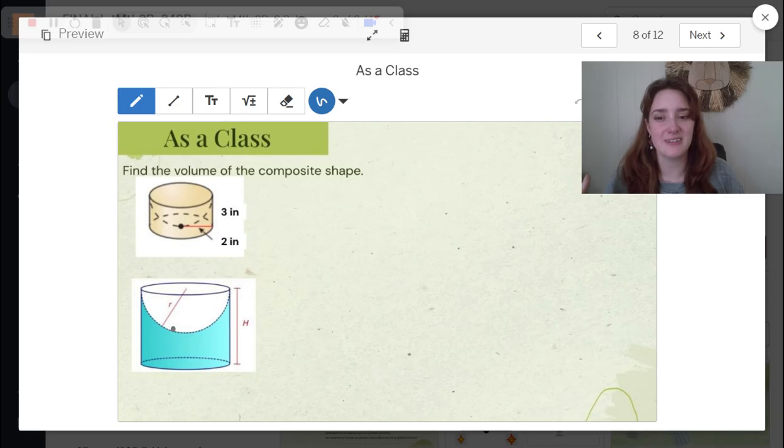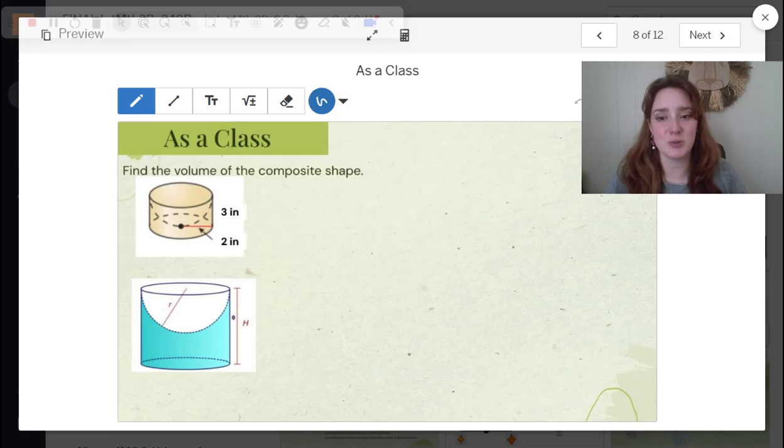We scooped out ice cream. We made a perfect half circle, leaving us with this much ice cream. I don't know what another scenario could be where we have a cylinder and a sphere cut out. Anyway, if you want to think of a different example, you can. But we're missing this piece.